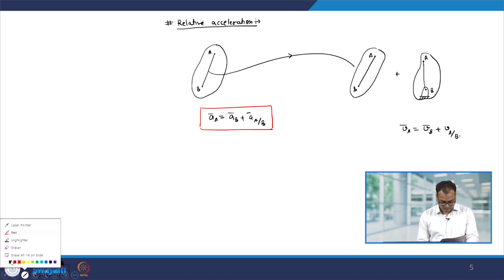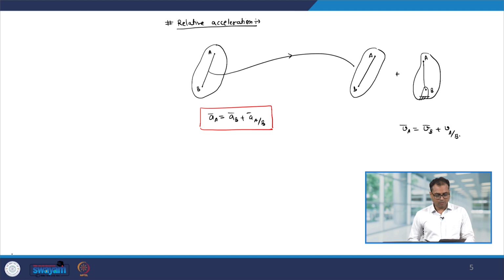Okay. Now, note that this acceleration of point A with respect to B will have two components. It will have the normal component and the tangential component.